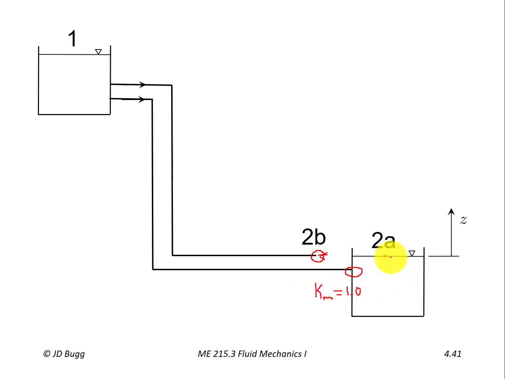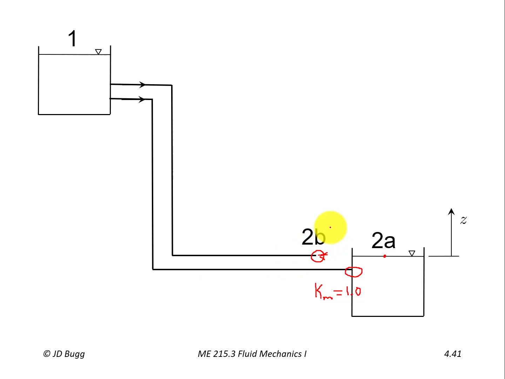So V2 for path A is 0, whereas V2 for path B is not 0. It's whatever the flow rate and the area of that pipe says it's going to be, but certainly not 0. Well, notice that those two effects exactly cancel each other out. So in fact, the flow rate through these two pipes will be exactly the same.